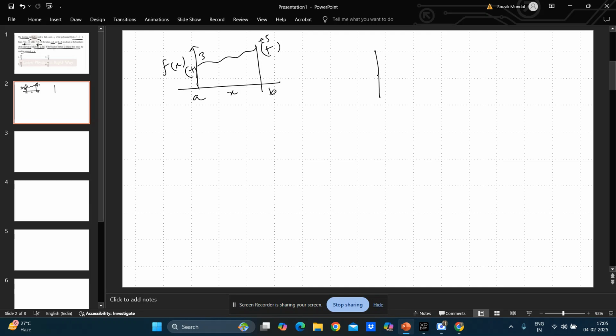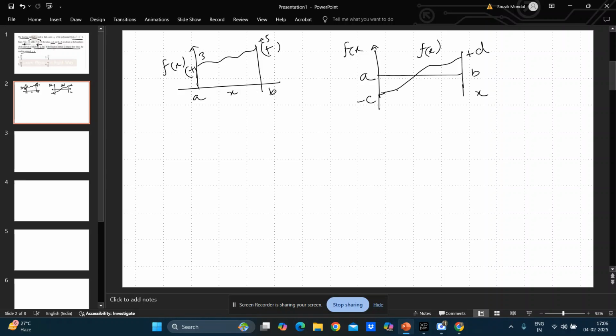Now suppose again it is a and it is b, and this is the x direction, this is f(x). Now suppose there is something like this. This is some kind of f(x). Now clearly you can see that suppose it is some value minus c and it is some value plus d.